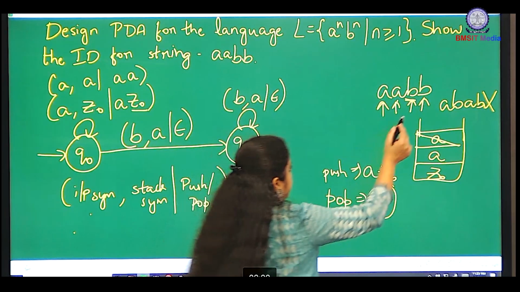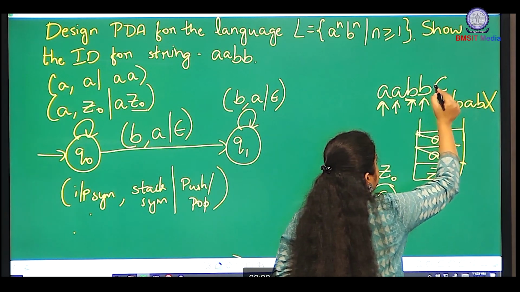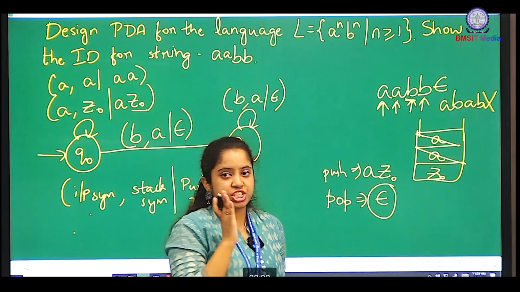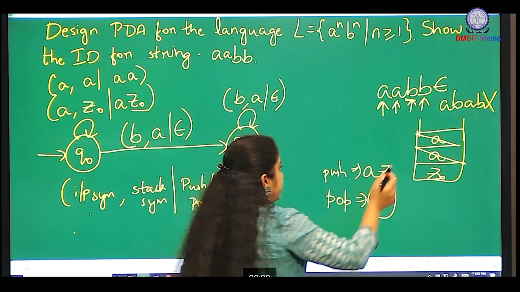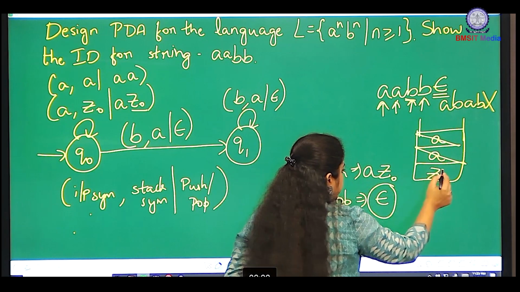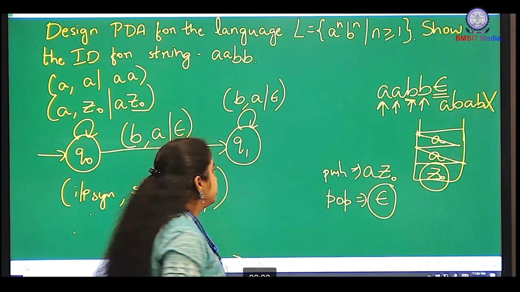So you are reading B, you are popping this A. Next, what do you read? You read an epsilon, because you have reached the end of the string. When you read epsilon, what should be in the stack? Z naught should be in the stack.